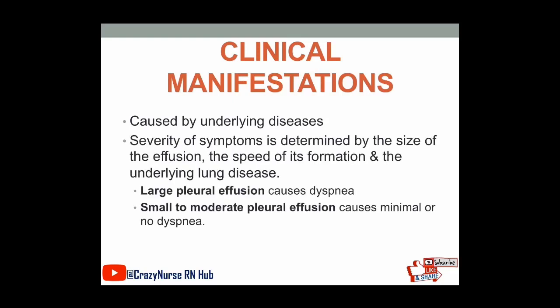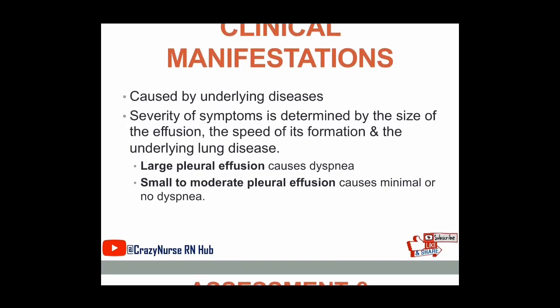The severity of symptoms is determined by the size of the effusion, the speed of its formation, and the underlying lung disease. For large pleural effusion, it causes dyspnea. For small to moderate pleural effusion, this causes minimal or no dyspnea at all.